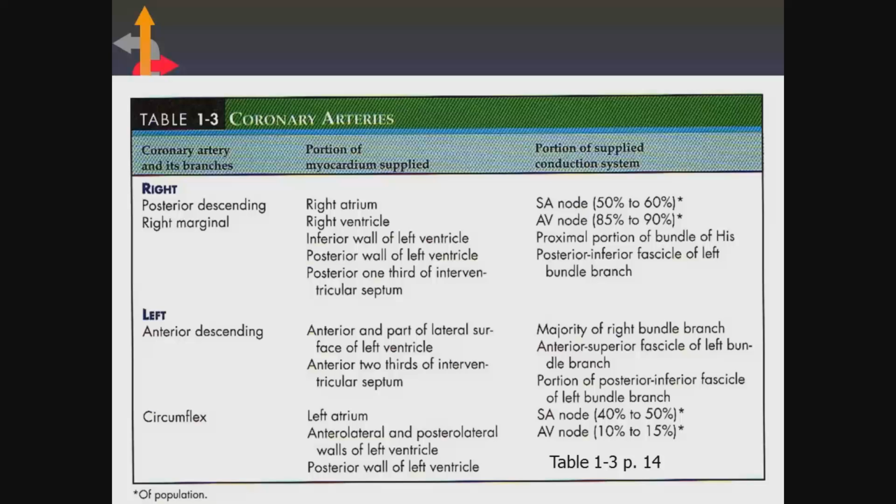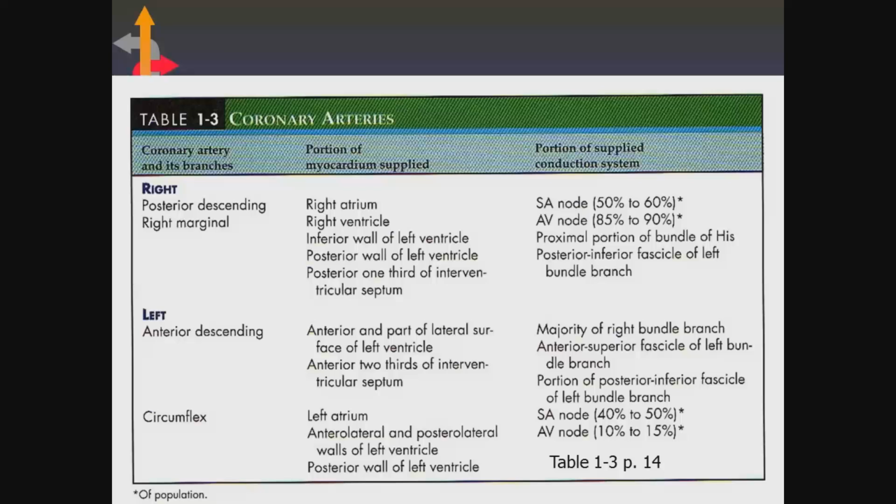So damage to the right coronary artery would yield a potential right ventricular MI, also an inferior wall MI, a posterior wall MI, and conduction defects. So your high degree blocks are typically secondary to a right coronary artery being damaged.